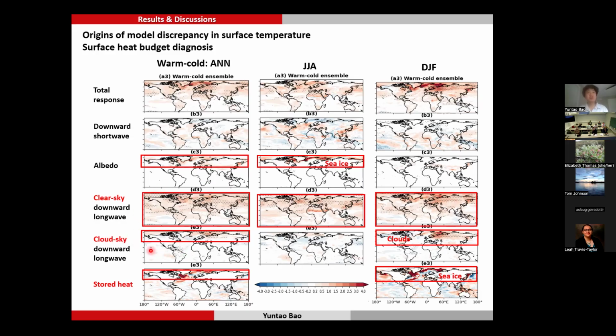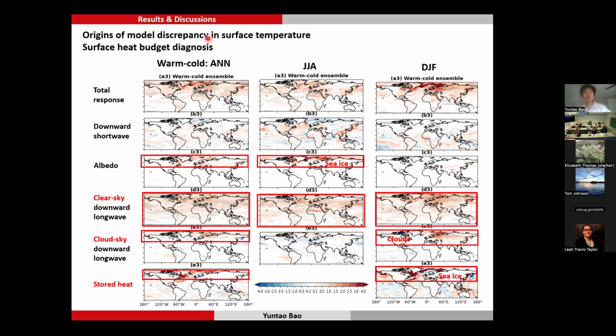Another one is the cloud long-wave radiation change. If the clouds increase, the downward long-wave radiation will also increase, and that will warm the surface temperature. Another one is the stored heat. The stored heat may also relate to the sea ice, and I will explain this further later.